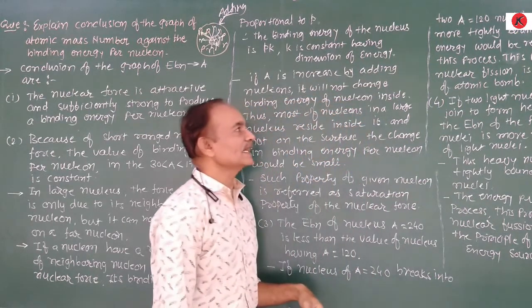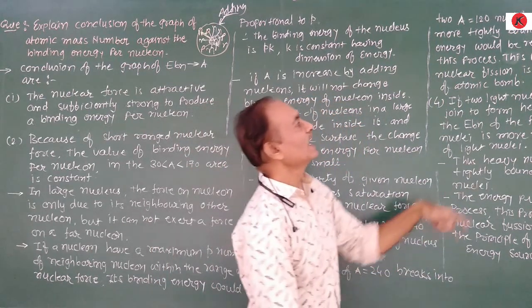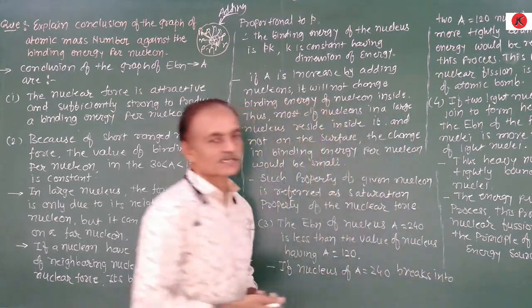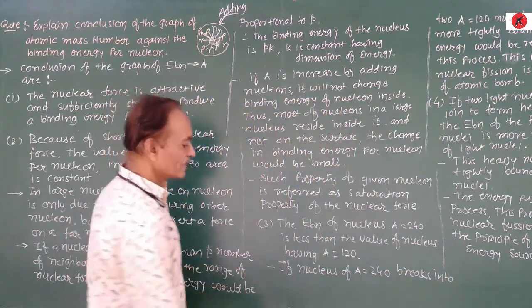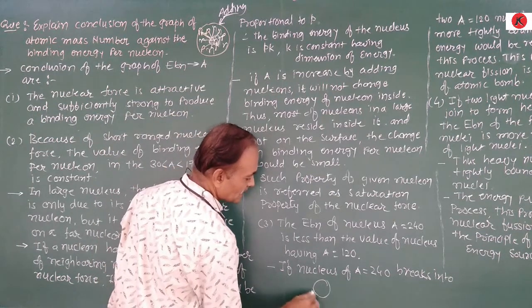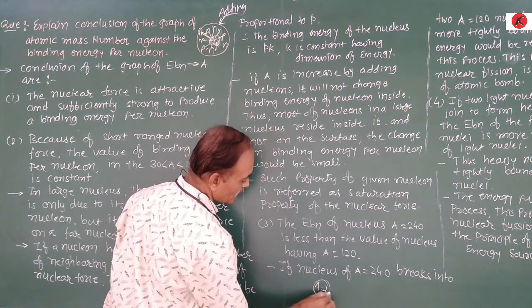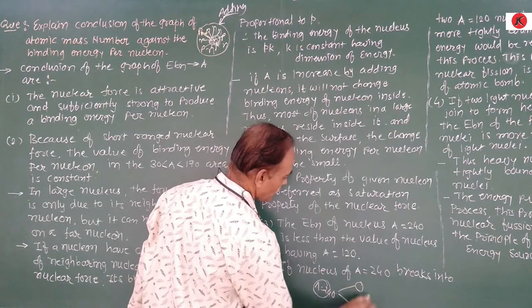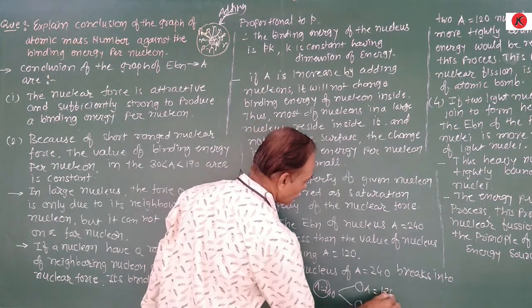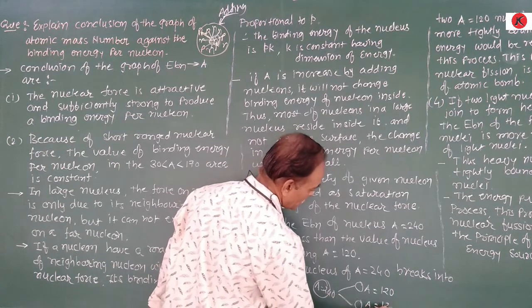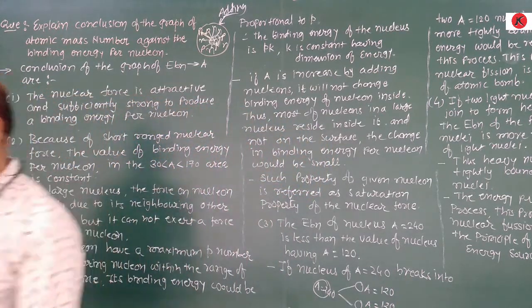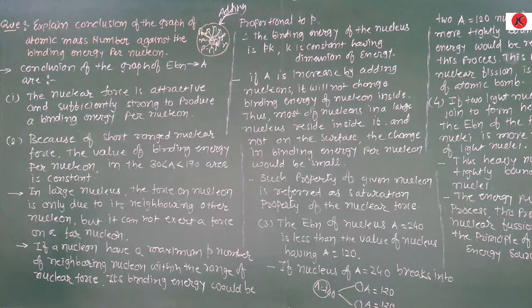The nucleus gets more tightly bound, and this implies that energy would be released in this process. When the heavy nucleus of A equal to 240 is divided into two nuclei of A equal to 120, the nuclei are more tightly bound.